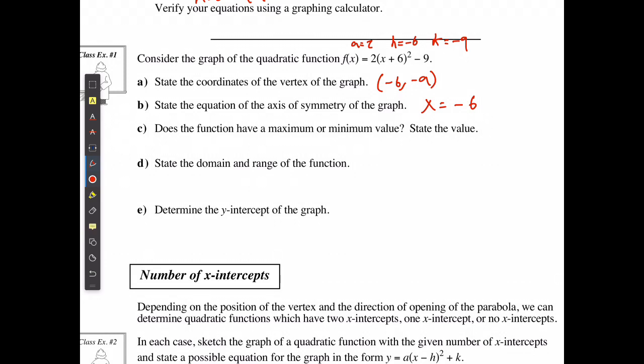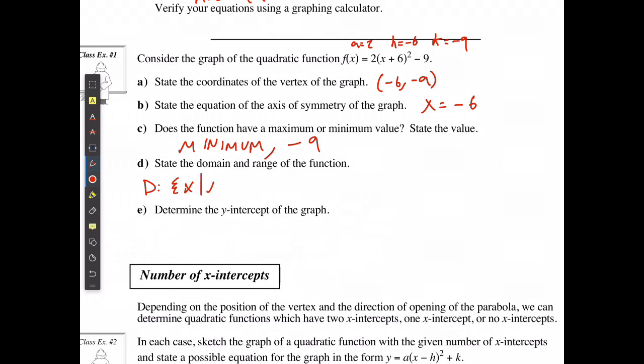Does the function have a maximum or minimum? Well, in this case, because a is positive, it's going to open up, which means it has a minimum. And the minimum value is going to be the k value or the y value at the vertex. It's got a minimum of negative 9. For the domain and the range, my domain is going to be really simple.